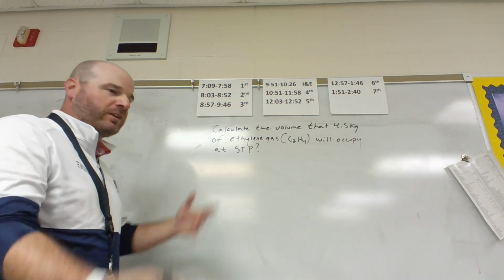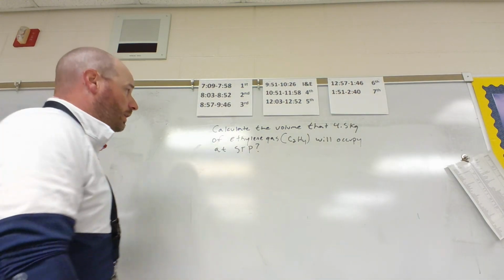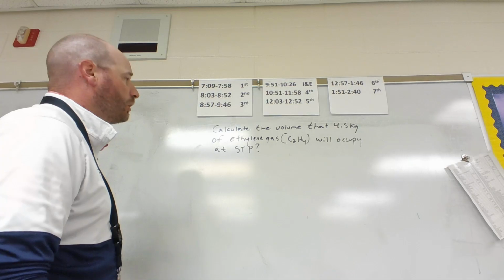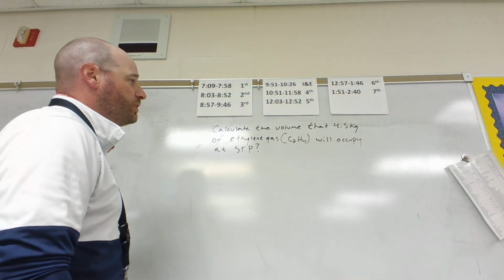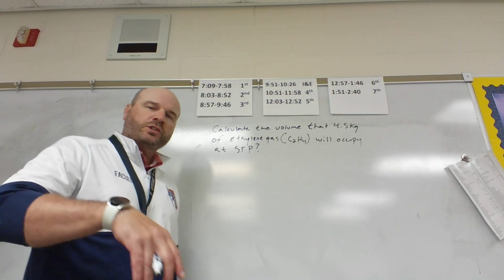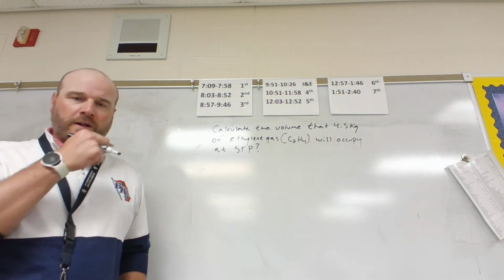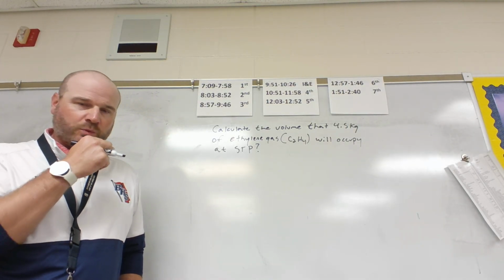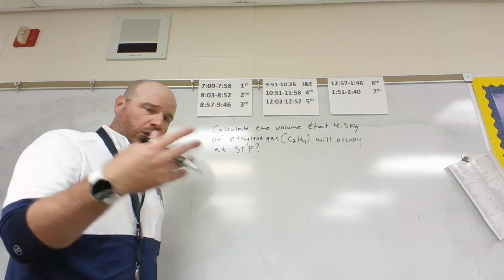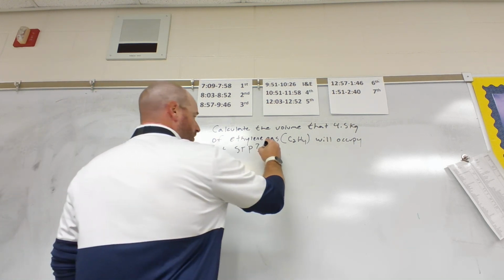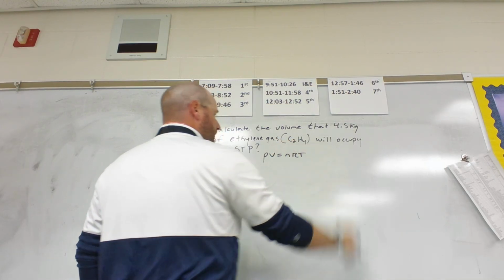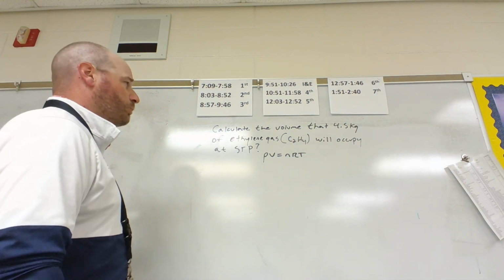Okay, let's analyze the question. What is it giving us? What is it asking for? So calculate the volume that 4.5 kilograms of ethylene gas, C2H4, will occupy at STP. Okay, so these are more of our regular problems that we've been working, or the majority of the problems that we have worked in class. So first thing, let's follow our routine. Let's write our formula. So that's going to be PV equals nRT. All right, let's write down what we have.